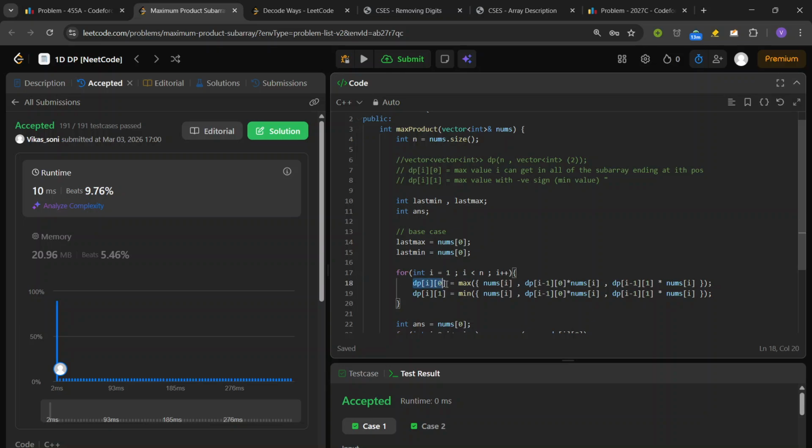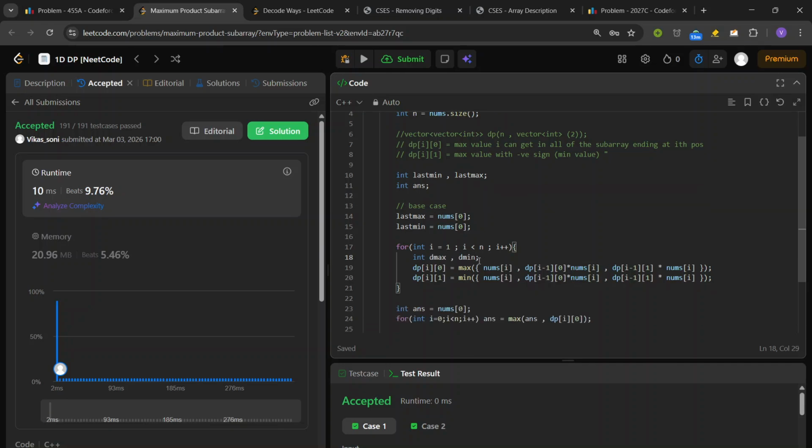Now here let me have something like d max and d min. So now this d max is going to be this, d min is going to be this, and instead of this, for the max one I have the last max, and instead of this I have the d min, sorry, the last max, the last min.